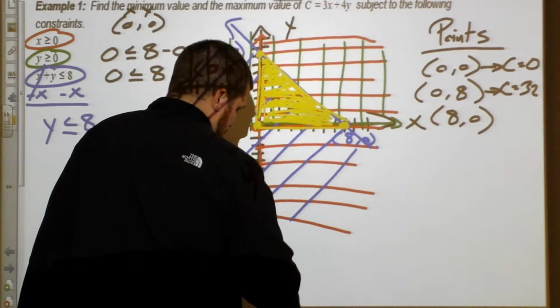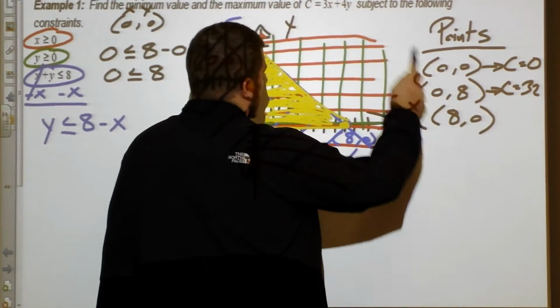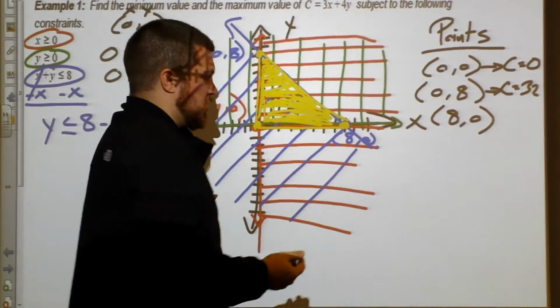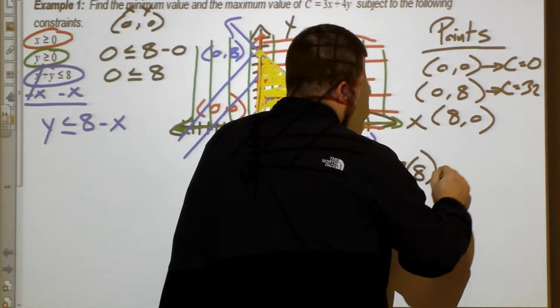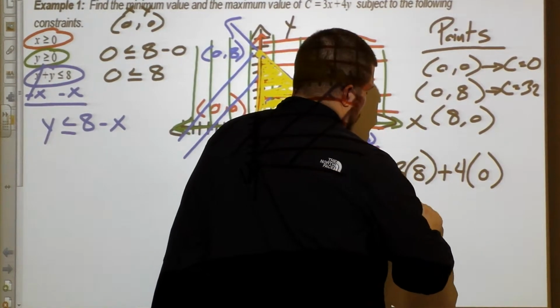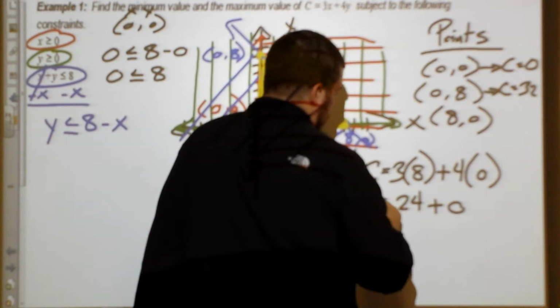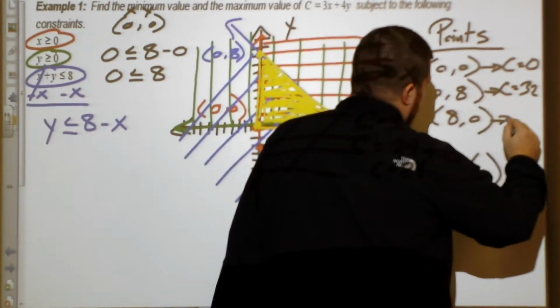And then finally for my last point, x is 8, y is 0. I'm plugging into my objective function to find the cost. So I have 3 times 8 plus 4 times 0, which is 24 plus 0. So my cost is 24 at this point.